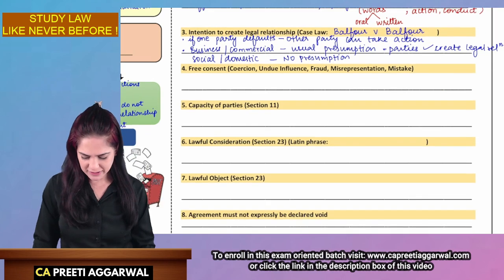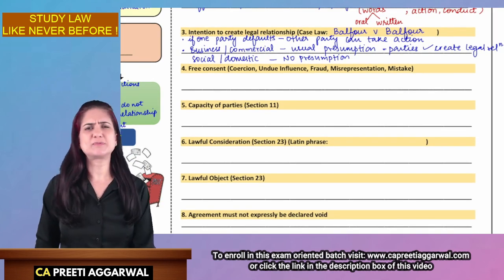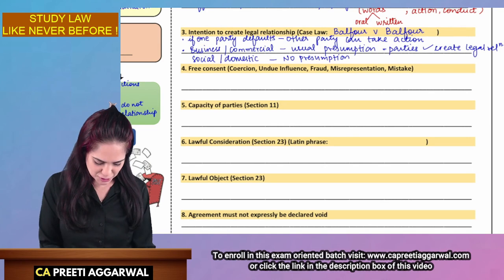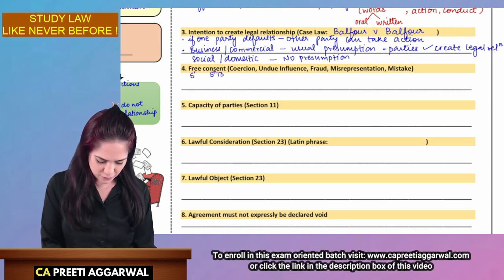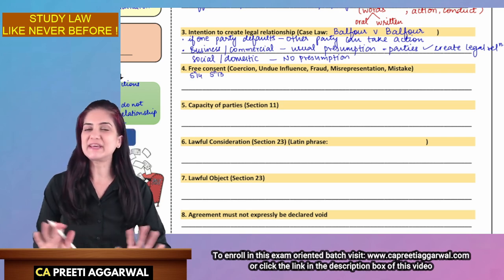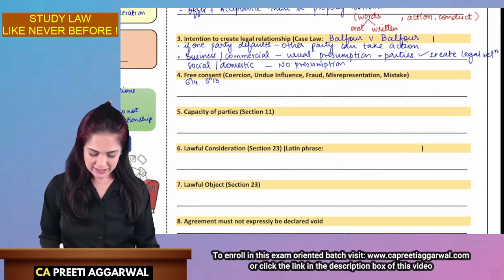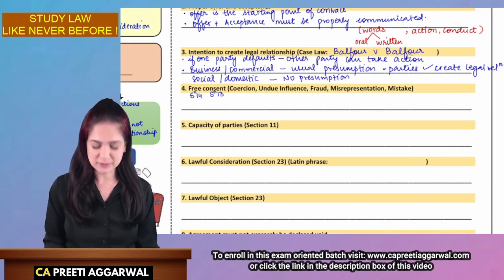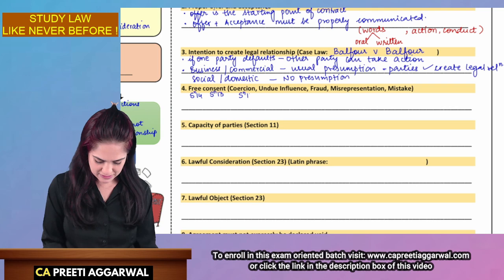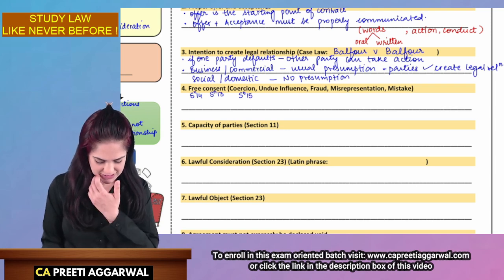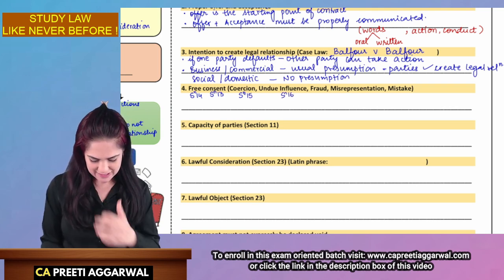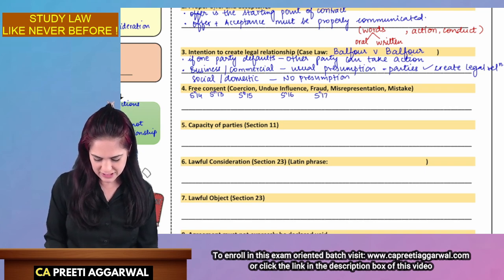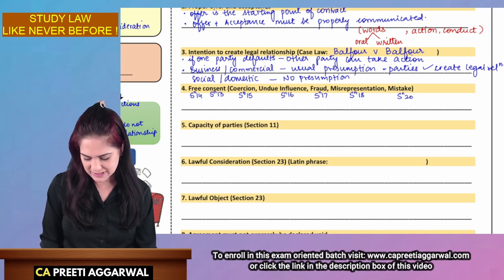What is the next element? Consent must be free. Section 13 defines consent. Section 14 defines free consent. Consent is not free when it is caused by coercion, section 15; undue influence, 16; fraud, 17; misrepresentation, 18; mistake, 20.